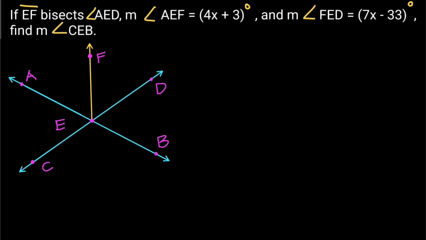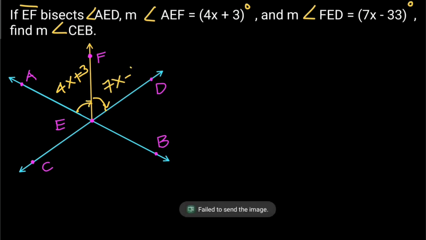If segment EF bisects angle AED, and the measure of AEF is equal to 4x plus 3 degrees, and the measure of FED is equal to 7x minus 33 degrees, find the measure of angle CEB. So we're given here angle AEF, this one, is 4x plus 3. Then FED is 7x minus 33.